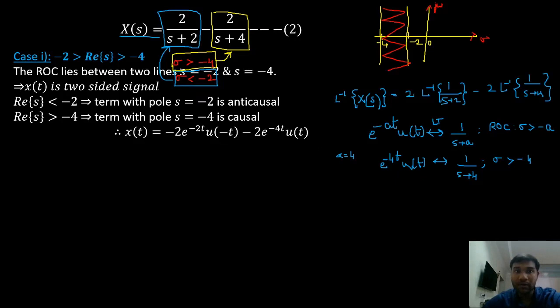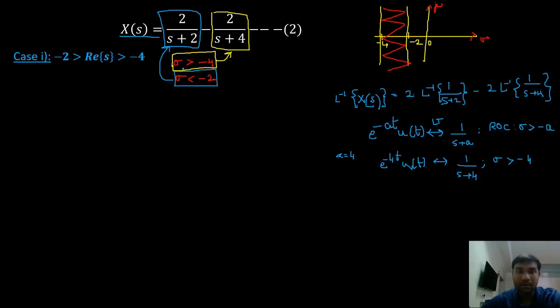So if you look at one of the ROCs here, sigma is greater than minus 4, this part. With this ROC, the inverse is e^(-4t) u(t).